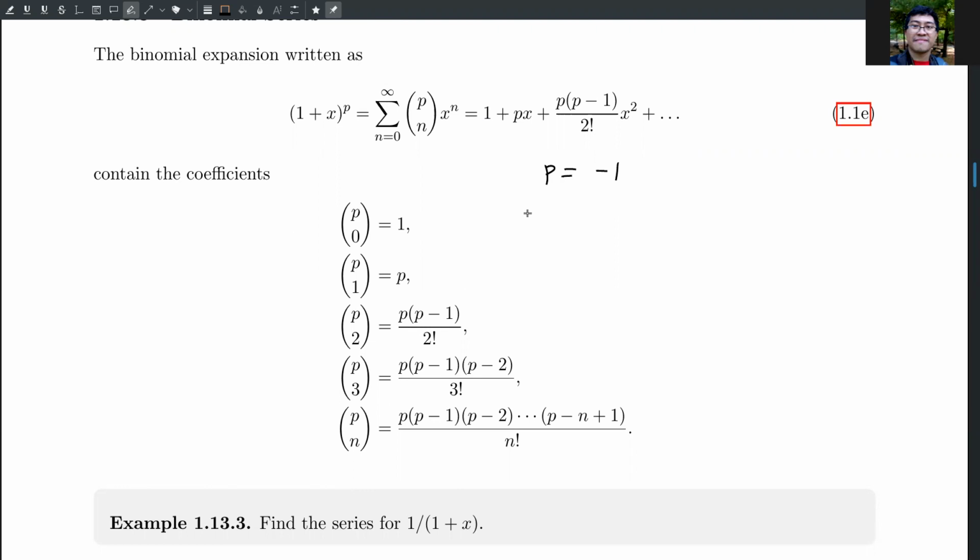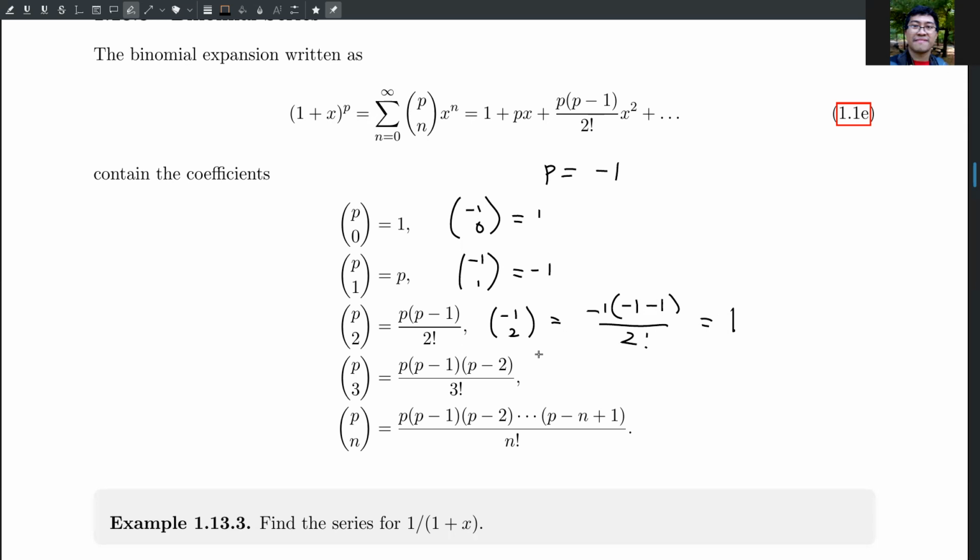So when p equals minus 1, you have here minus 1 choose 0, that's 1. Here minus 1 choose 1, that would be minus 1. Here minus 1 choose 2, that would be minus 1 times minus 1 minus 1 over 2 factorial. That's 1, or minus 1 actually. No, this is plus.